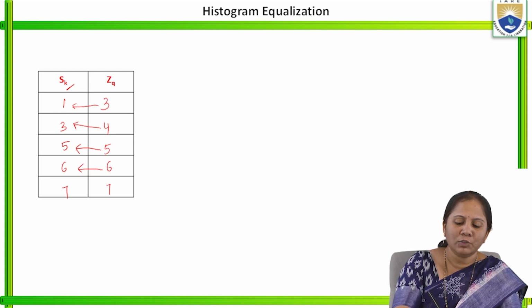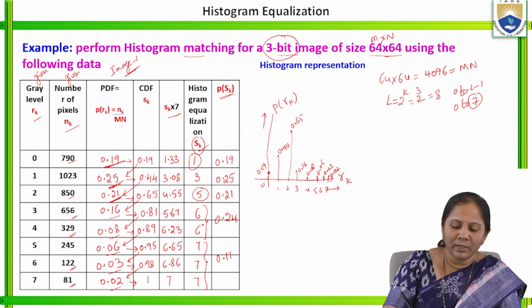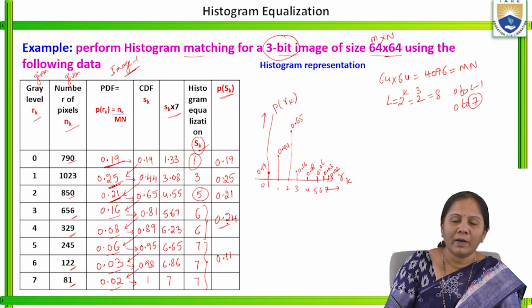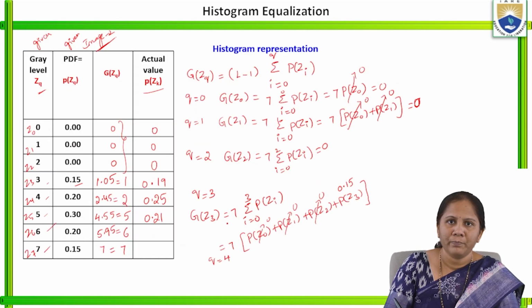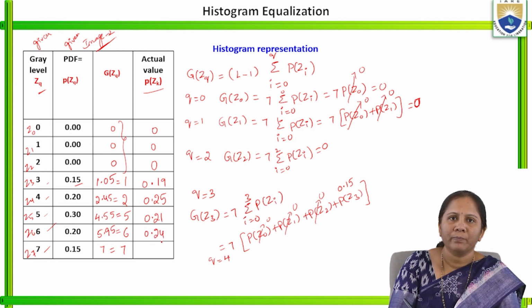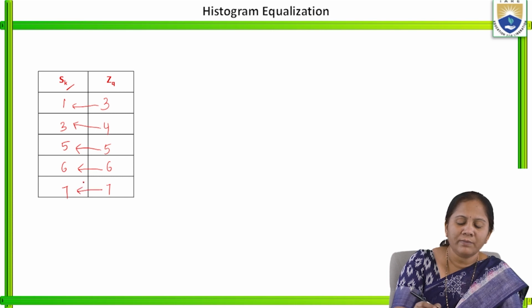And what is the next value? Inverse mapping 6 to 6. Now SK value is 6. We have to see for 6 value of SK. So here, when the value of SK is 6, what is the value? We have to take average of these two. Already it is done. The value is 0.24. So here we will get 0.24. So coming to the last value, 7 to 7.